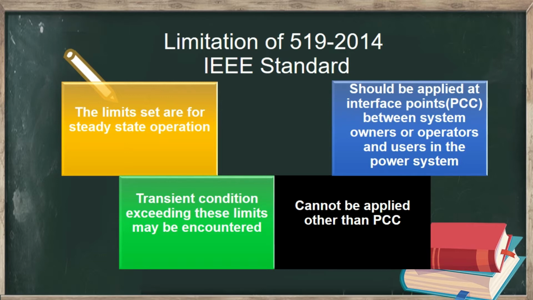Second, transient condition exceeding this limit may be encountered. Third, it should be applied at interface point (PCC) between system owners or operators and users in the power system. And lastly, it cannot be applied other than PCC.